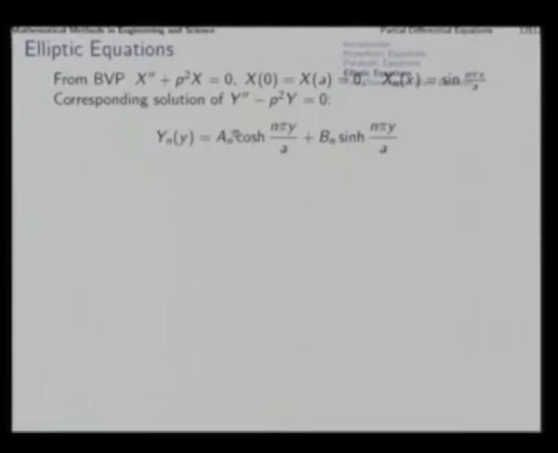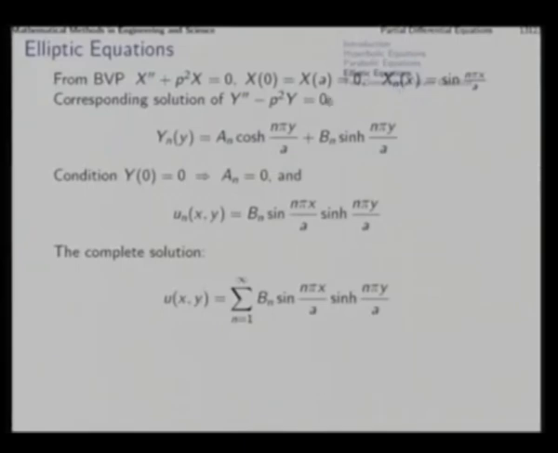Okay. So, now with this Yn and this Xn, when we put them together back into the proposal, then every Xn into Yn will be a solution of the differential equation, each of them satisfying the boundary conditions.